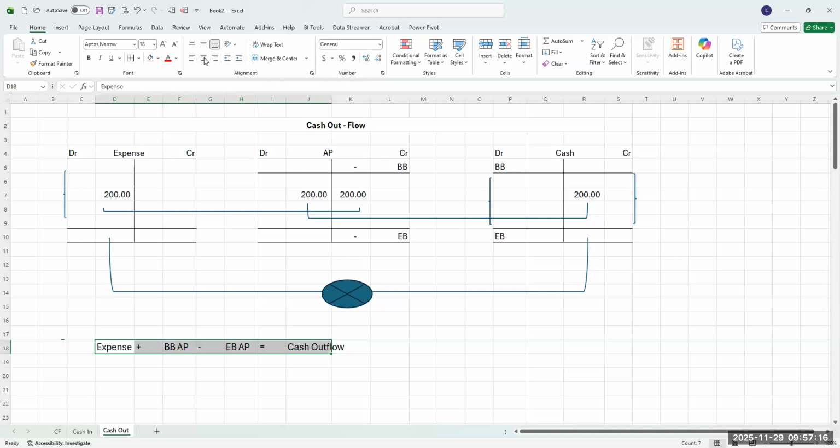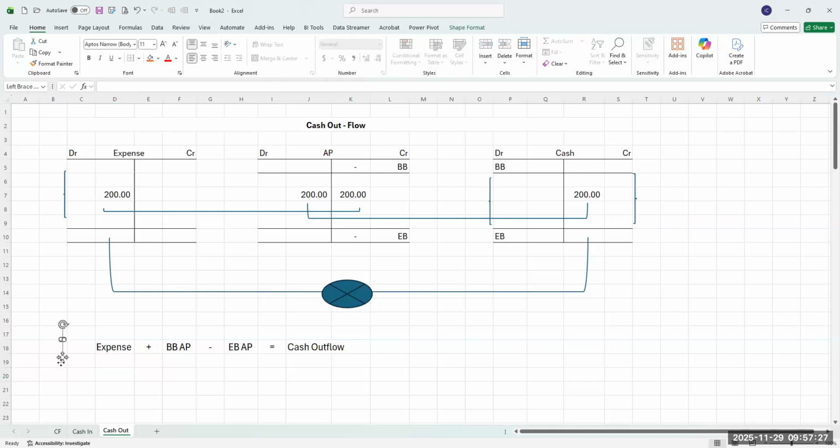Make sense? Now let's test this formula to see if it actually works. Because you can say that's a very good formula, but we don't believe it, which would be a fair comment. So now let's see the expense. How much is my expense? My expense is $200.